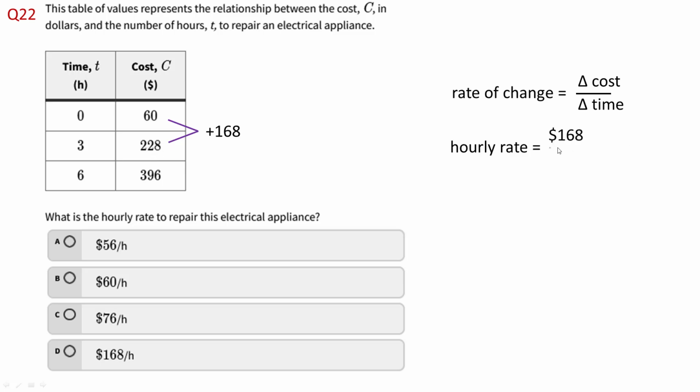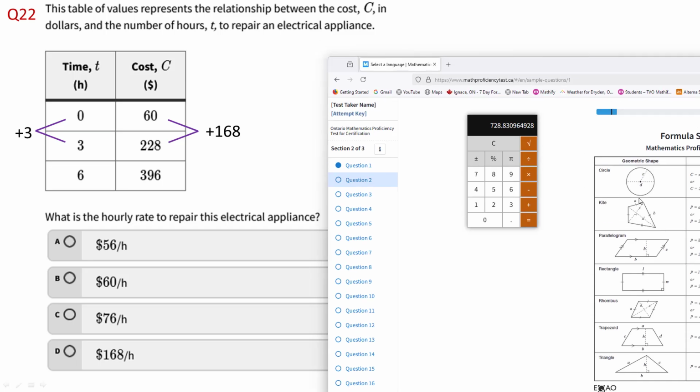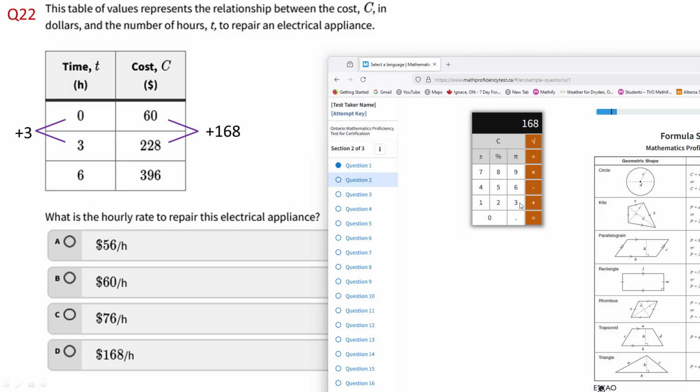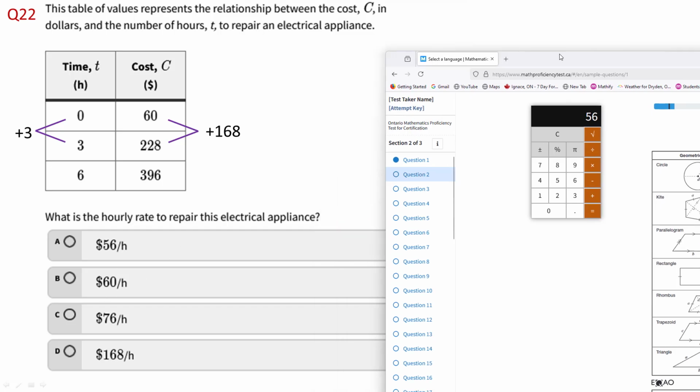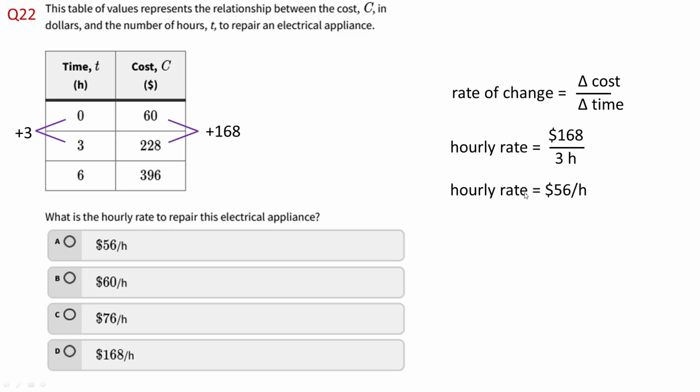So that's my change in cost over the change in time. From 0 to 3 hours is going up by 3 hours. So that's our time. So 168 divided by 3, okay, if we take our calculator here, 168 divided by 3, so 56. See, there's the answer right here, $56 per hour. That is the hourly rate.